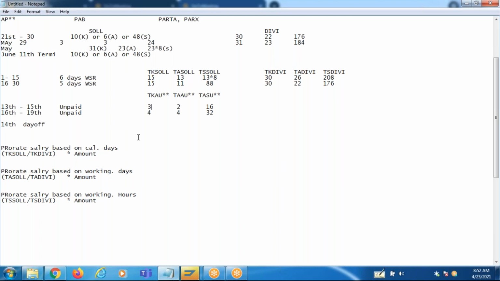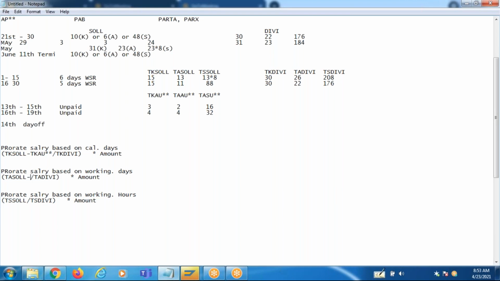How do you reduce that absence? TKSYLL 15 minus. Should I use TK or TA or TS here? TKAU, sir. Why TKAU? Calendar days absence.